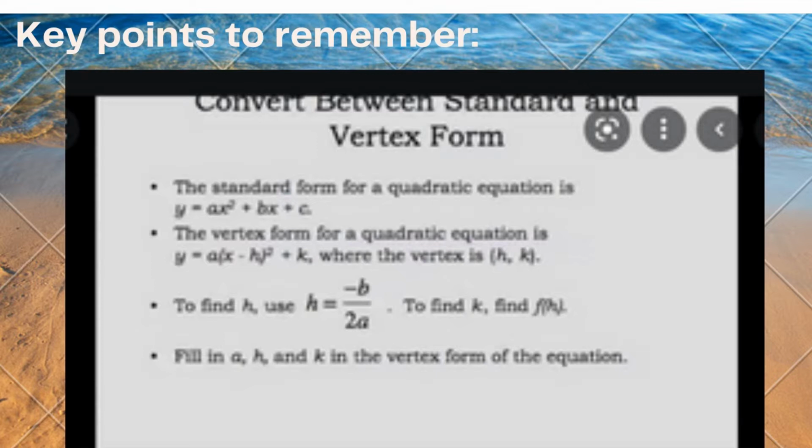To find h, use h equals negative b over 2a. To find k, find f of h, or simply substitute the value of h into the given function. Fill in a, h, and k to form the vertex form of the equation.